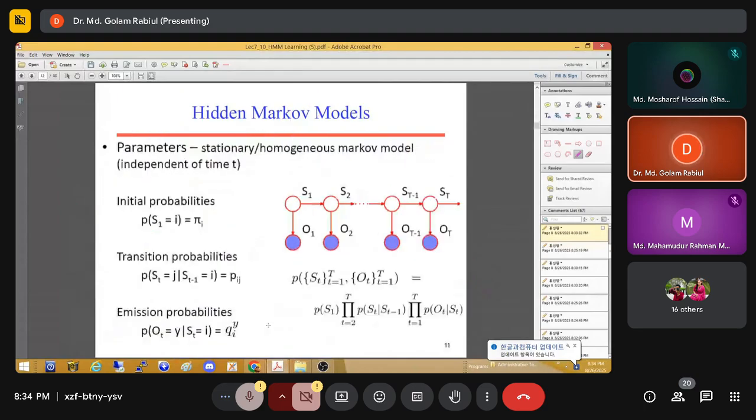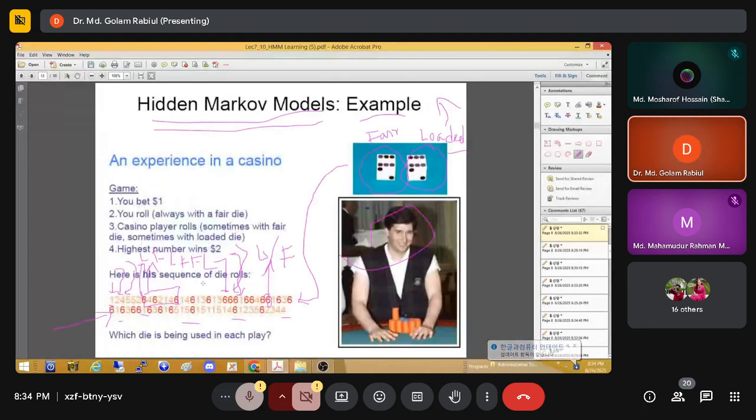Like in the casino model, we have to know how many types of dice there are. Here, two types: the die can be fair, or the die can be loaded. And what are the possible observations?